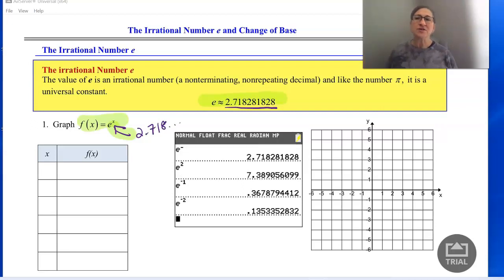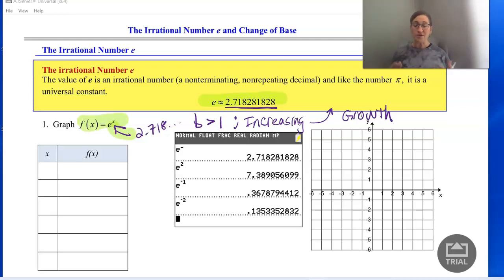So that is a base that is greater than 1, and we know that bases that are greater than 1 are increasing. So that means as we go from left to right, they're going to increase, and we refer to these as growth curves. They're exponential growth curves.